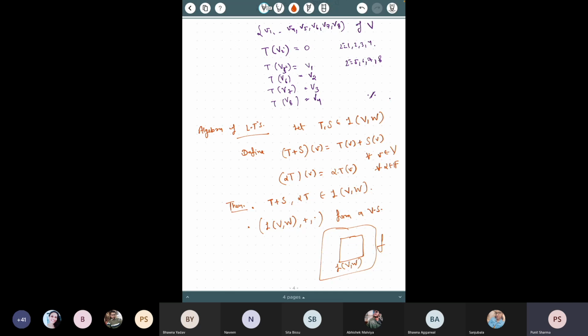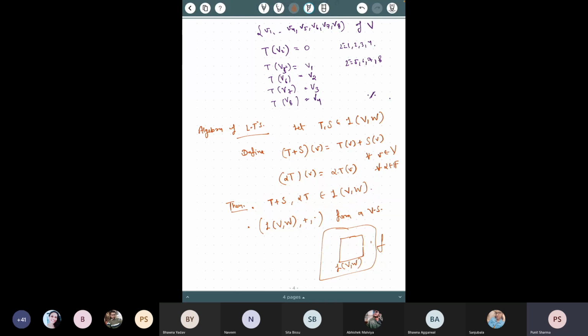Now we have already seen that if we add any two linear transformations, it is again a linear transformation, and scalar multiplication is also again a linear transformation. So this set is closed under addition and scalar multiplication, and therefore this forms a subspace.